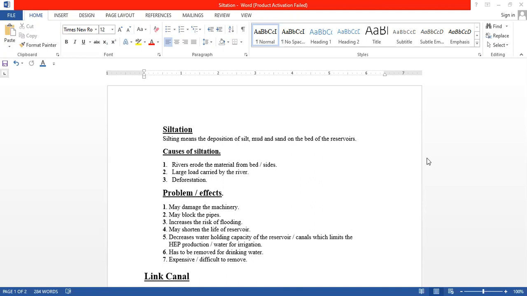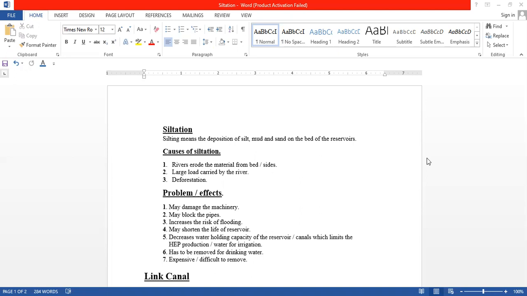My dear students, after the definition, next, what are the causes of silt or siltation? As you are watching on the screen, the main reason is deforestation. Humans are responsible; they cut the trees, especially on the foothills of the mountains.